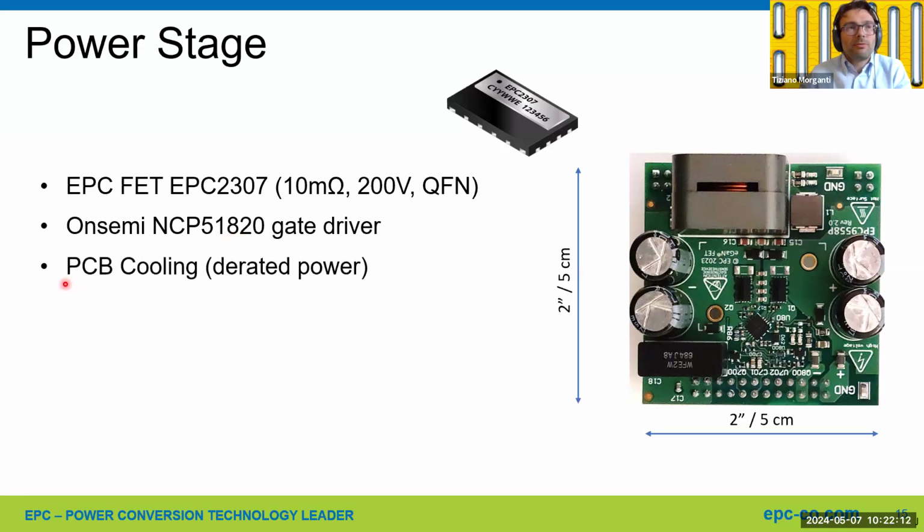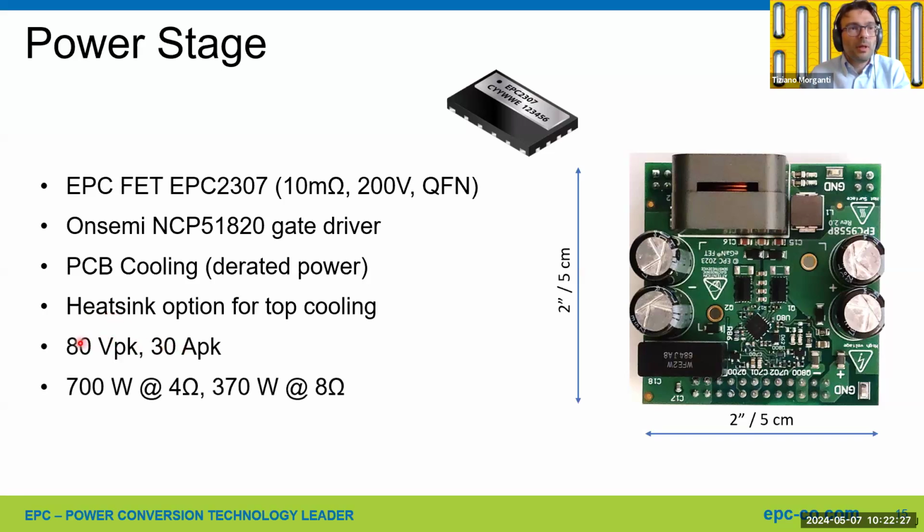It is designed to offer good PCB cooling, and it can work actually without the heatsink at the rated power, or for full power, there is a heatsink option. In terms of capability, it can deliver 80 volt peak, 30 amp peak, so it can drive comfortably 700 watts on 4 ohm or 370 watts on 8 ohm.